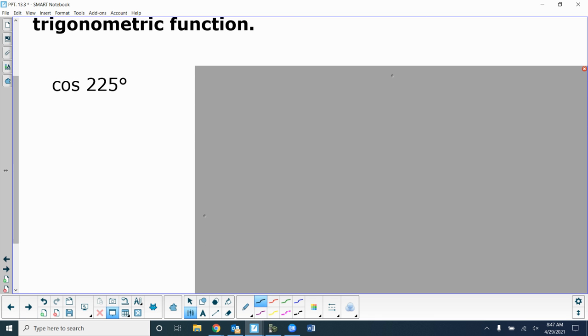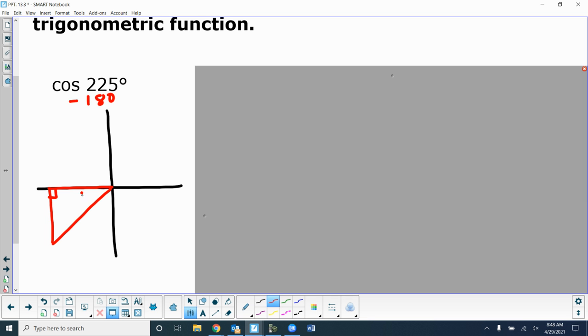So, if I draw my y and my x, okay, it's going to stop down here somewhere in the third quadrant. I always go back there for my x, for my right angle. What's the reference angle for 225? 45, right? It's 225 minus 180, right? To get this.